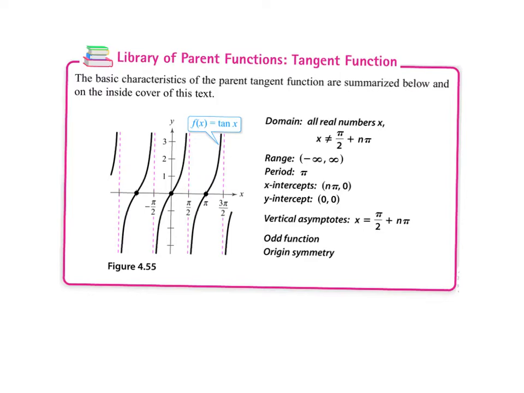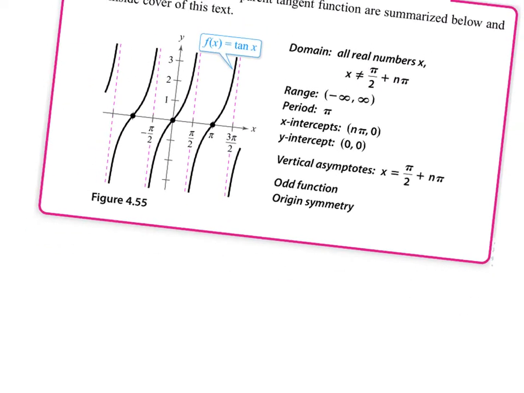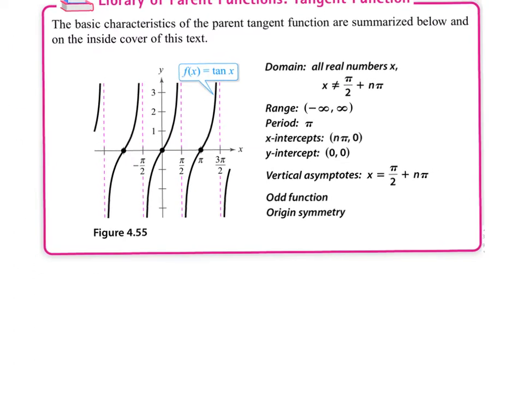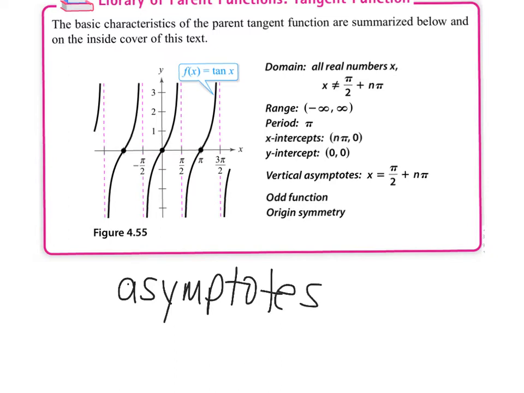What you need to remember is that your asymptotes for tangent are always going to be based on the parent function. So for the parent function, the asymptotes are at pi over 2 and negative pi over 2.